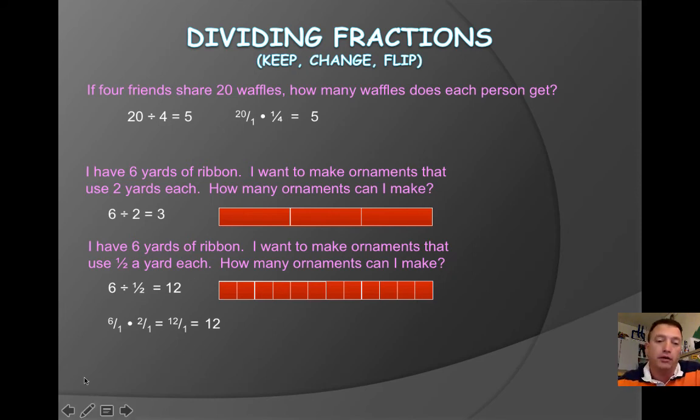So when we do the keep, change, flip method, we are keeping the first number, and you notice I put this over 1, so I remember that I'm keeping this as a fraction. Multiplication, flip this one upside down, and then we end up with 12. So we can see that here in visual form too. If I take this same 6 yards and I'm going to use a half a yard each, that's how I'm going to get my 12 pieces.